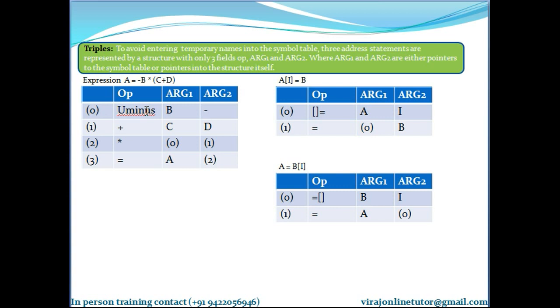I repeat, a triple is a structure which consists of three fields: operator, argument 1 and argument 2. The operator field contains the operator, and argument 1 and argument 2 contain either pointers to the symbol table or pointers to itself.